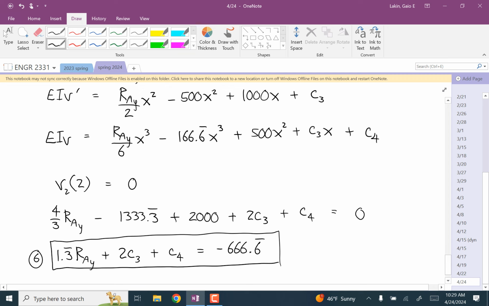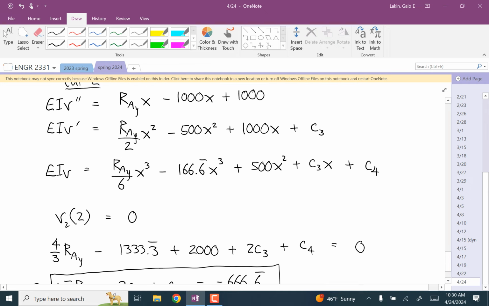I'm using EI times the deflection and EI times deflection prime equal to 0. That works fine because it's 0. It would not work if you had a value that said at this point the deflection is equal to negative 2 centimeters or something. Are you with me on that? Anything that you're setting to 0, you can set EI times that thing to 0. So that's what I'm doing.